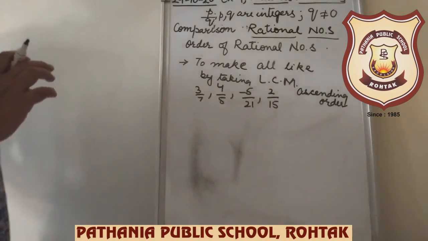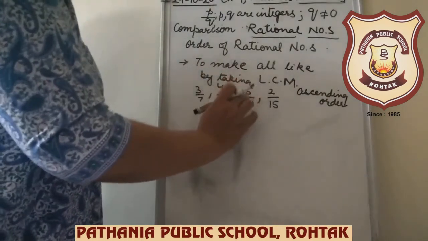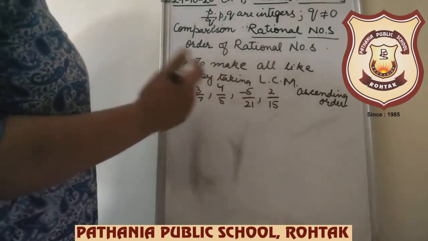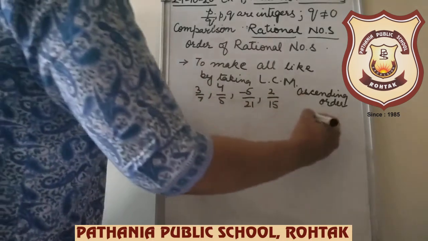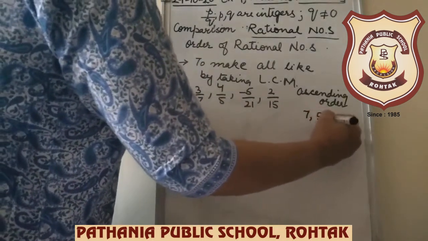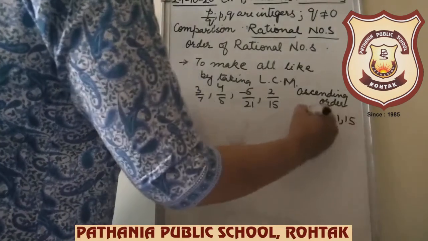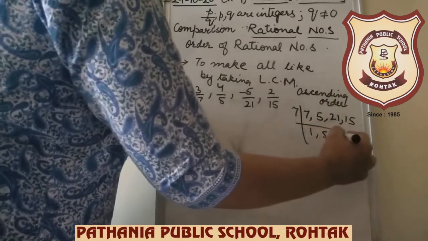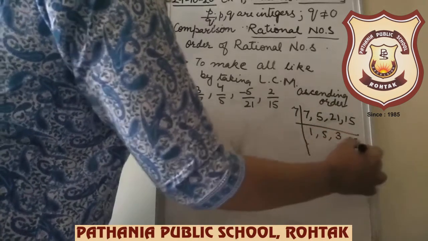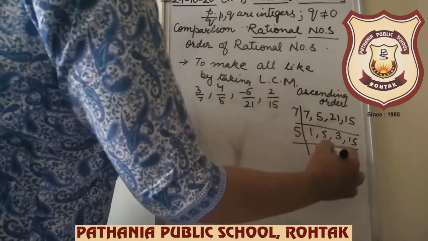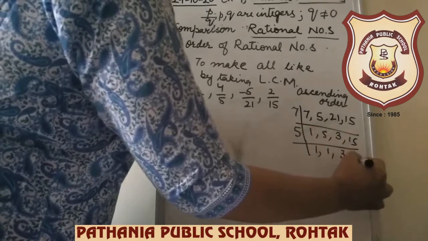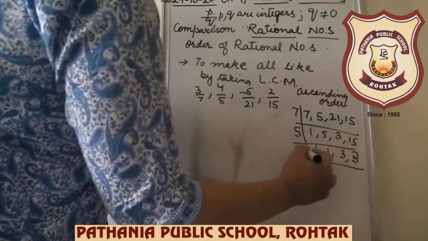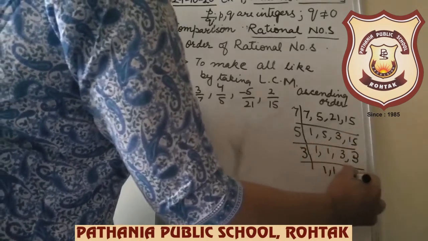By the negative sign you can make out, but as the others are of different denominators, you have to take the LCM. So you can take the LCM of all these. 7, 5, 21, 15 - divide by 5, then by 3.